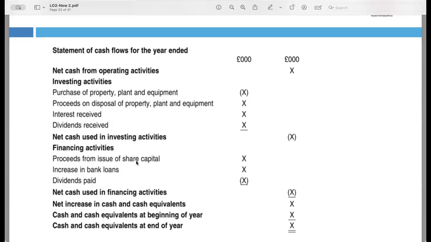Investing activities include cash flows related to the acquisition and disposal of long-term assets and investments not considered as cash equivalents. Financing activities encompass transactions that affect the size and composition of the entity's equity and borrowing.